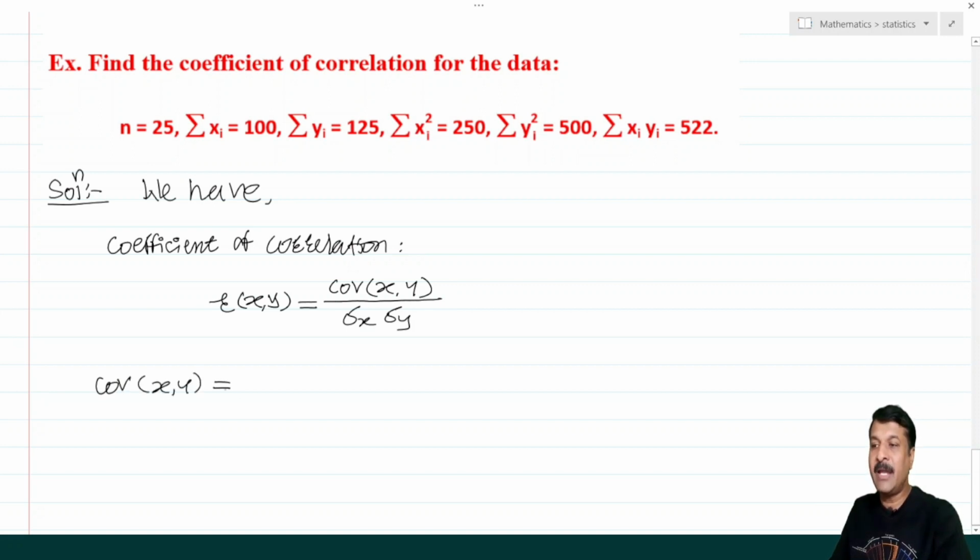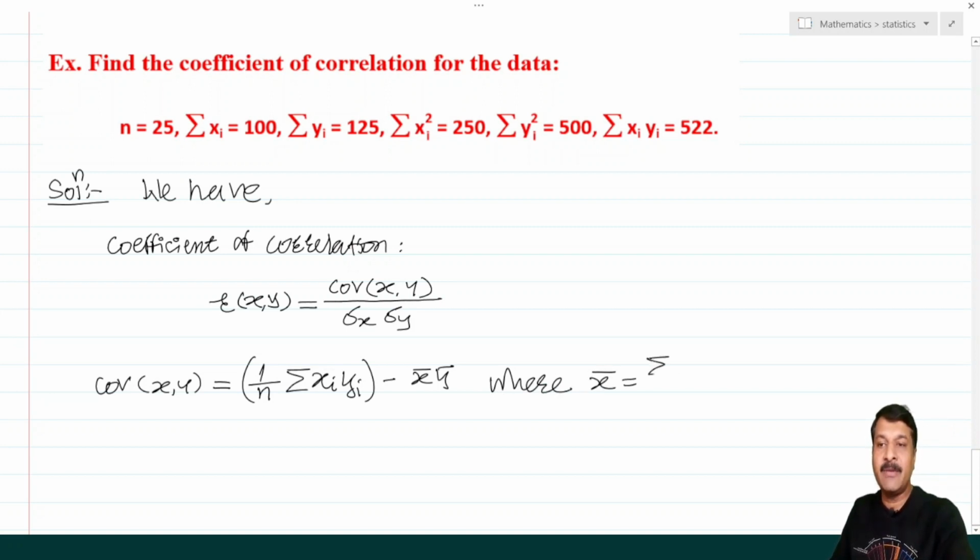By the given values you decide the formula. So here n is small, so 1 by n summation of xi yi, it is given, minus x bar y bar, where x bar equals the mean value of xi, summation of xi upon n, and y bar equals summation of yi upon n.